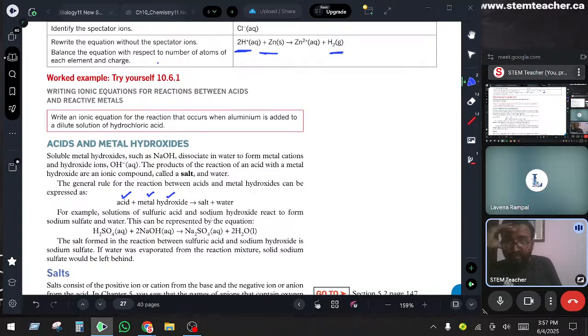So there are two cases. One is acids plus reactive metals. The second case is acids plus metal hydroxides, which gives salt plus water.